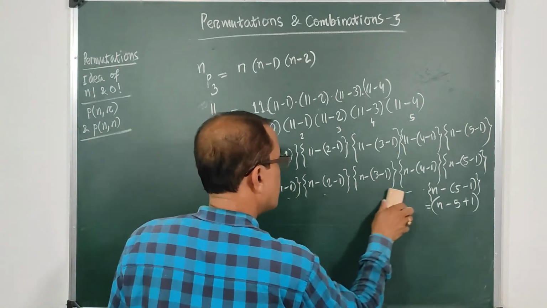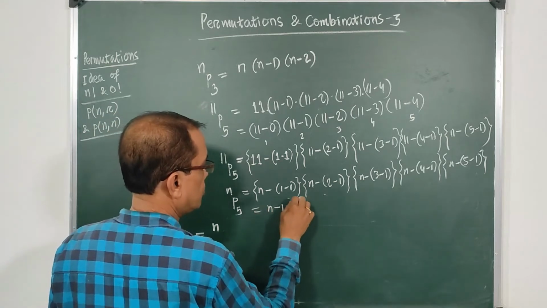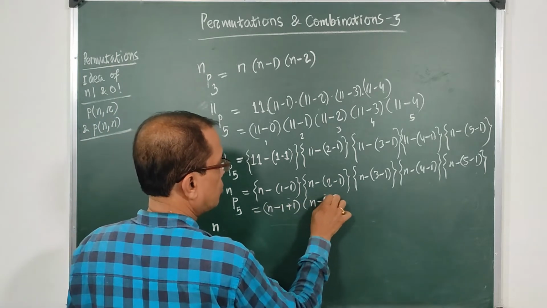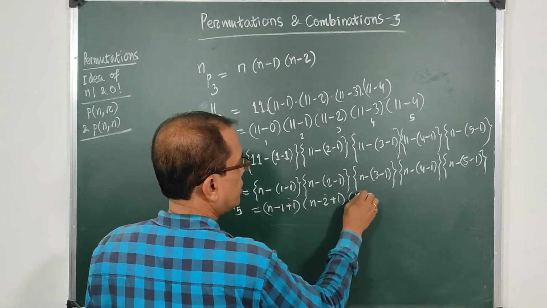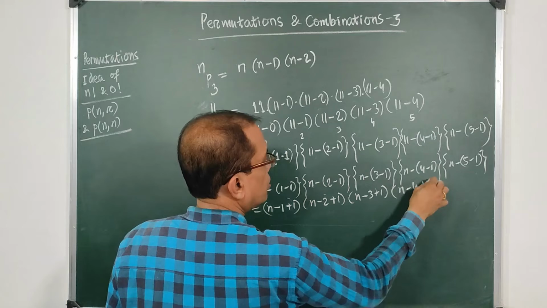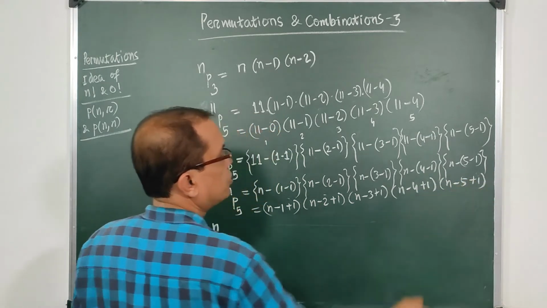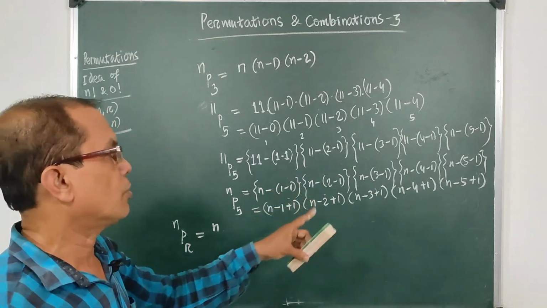So in this slide we can write this as n minus 1 plus 1, first one. The second is n minus 2 plus 1. The third is n minus 3 plus 1. The fourth is n minus 4 plus 1. And the fifth is n minus 5 plus 1. We do not calculate, we just mention the pattern.